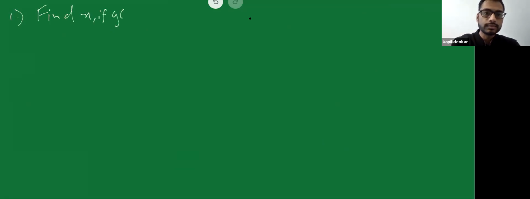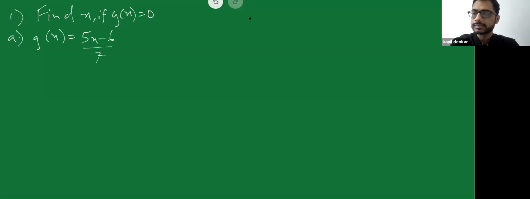Let's see a few examples so that you'll understand how to apply this. You have to find value of x if g of x is given as 0. First, g of x value is equal to 5x minus 6 by 7.